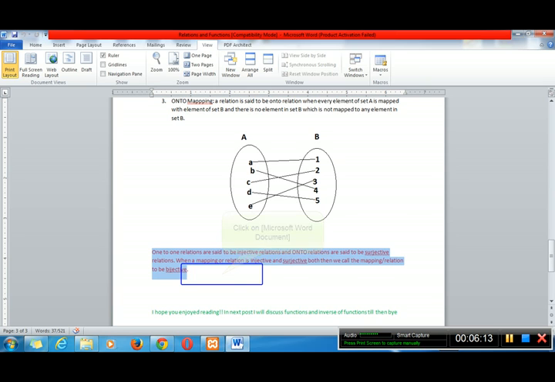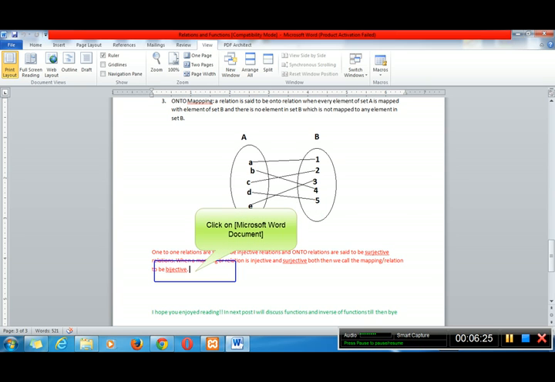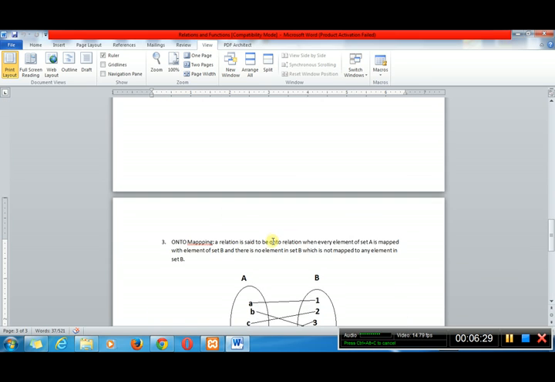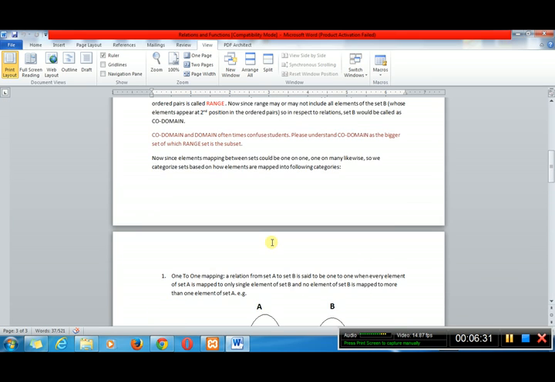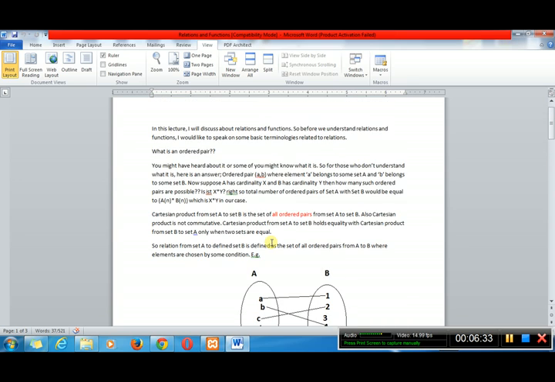Now the relationship which follows both injective and surjective rules is called bijective. I hope till now it is clear, and it will be helpful when we study functions.